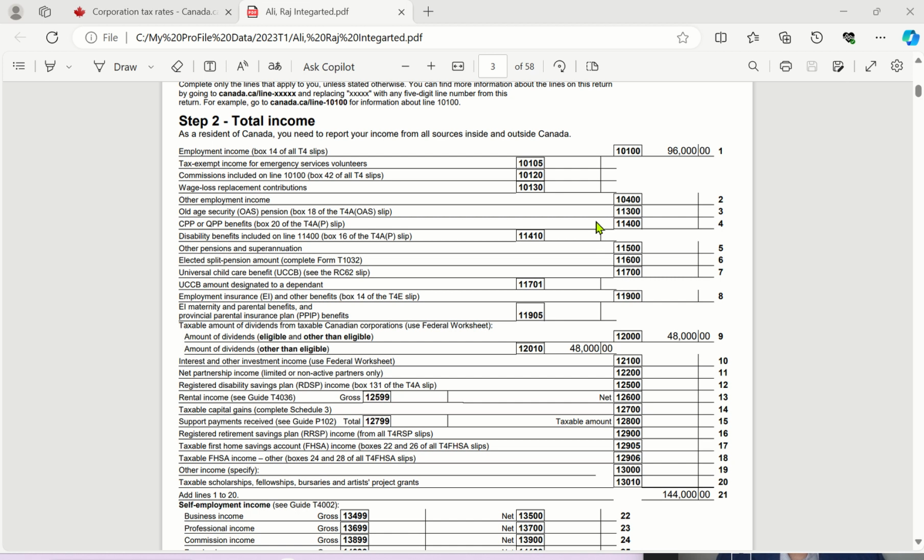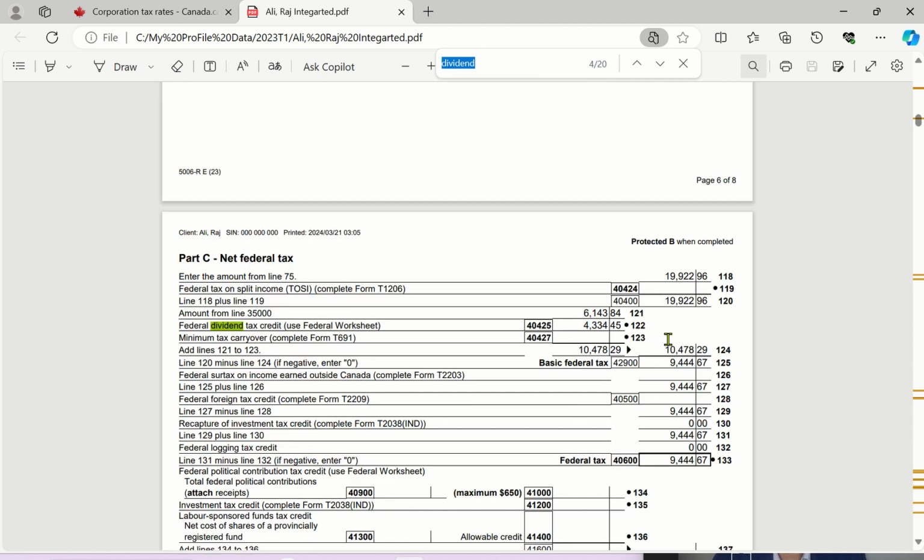So I could simply type Control F. If I look for it, it's right there showing 48,000, and this is the dividend tax credit he received right there, $4,343.